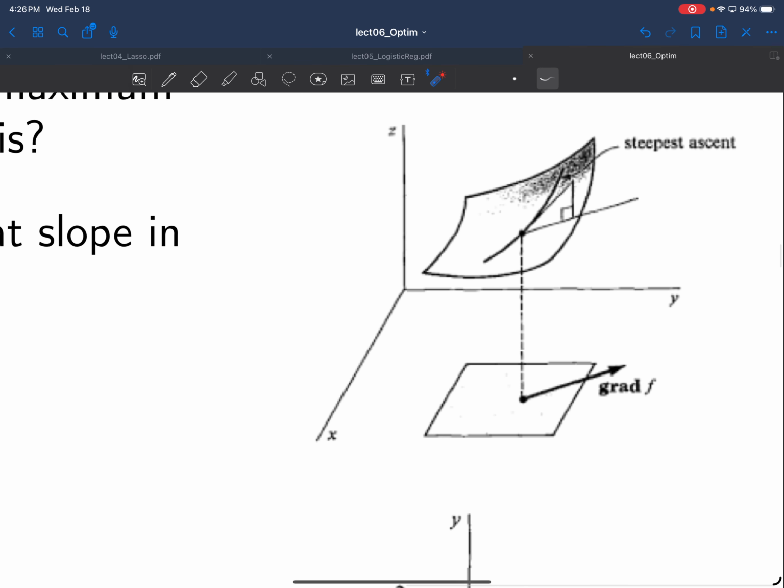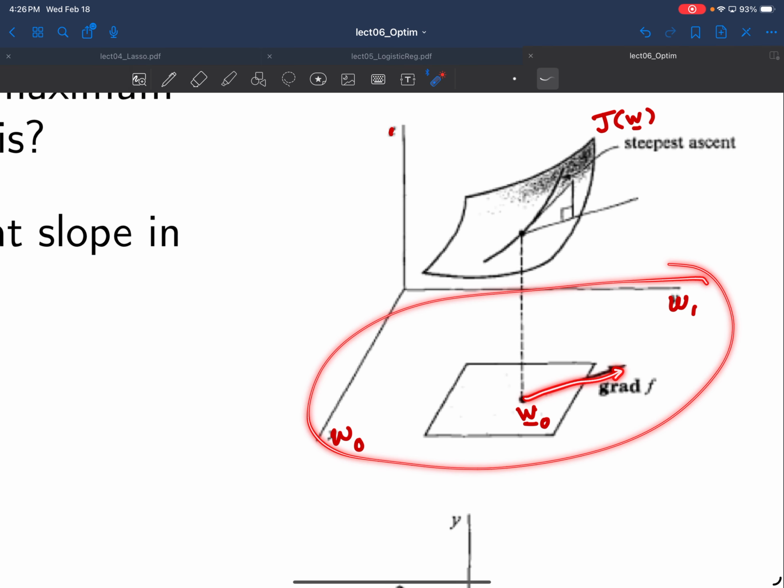So maybe we are here. This should be W0, W1, and then J of the W vector would be that surface, and this would be the reference point, W0, the vector. And so now I'm going to look in this direction. That would be my u. I'm going to look at this direction in this two-dimensional plane.